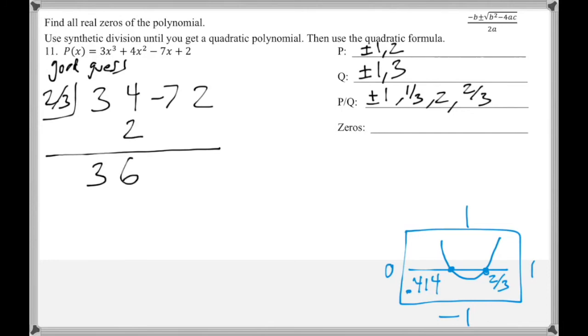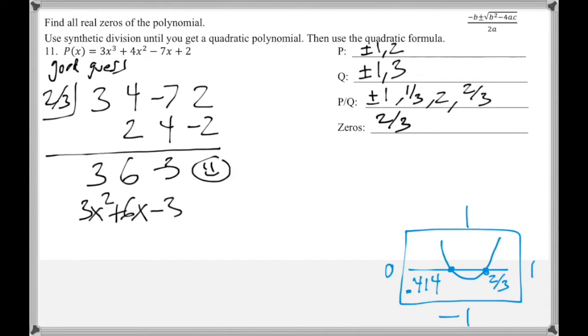This will be 6. 6 times 2/3 is 4. Add these up, get negative 3. That'll be negative 2. So I get 0 here. So 2/3 is a zero. Okay, so this is 3x squared plus 6x minus 3.